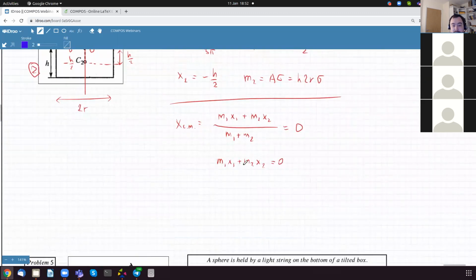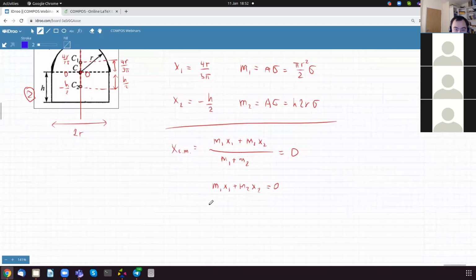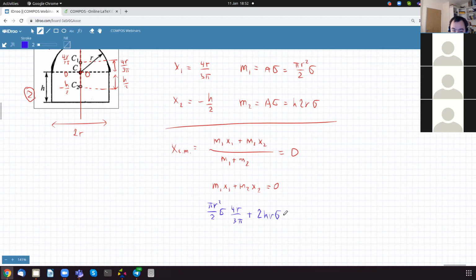And here, so we substitute m1. So pi r squared over 2 sigma. x1 is 4r over 3 pi plus m2, which is 2hr sigma, I'm slightly changing the order, multiplied by minus h over 2 equals 0.